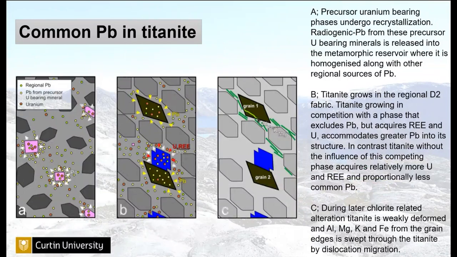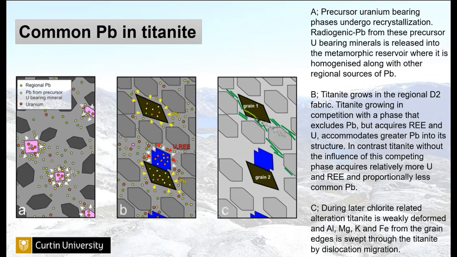That lead cargo then gets reincorporated into titanite when the titanite is growing. The titanite grows in competition with another phase. That other phase sequesters some of the rare earths, but it doesn't affect the uranium cargo in our titanite.